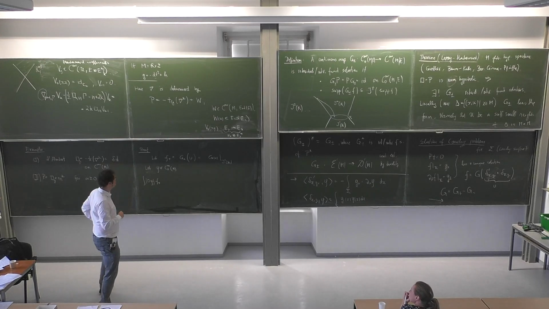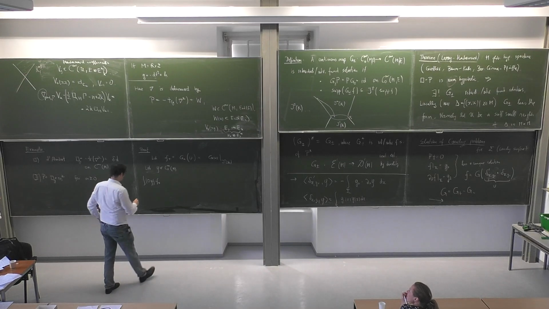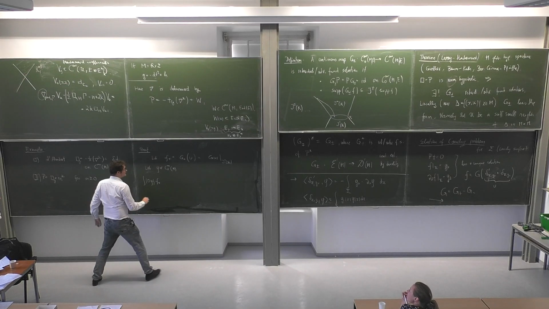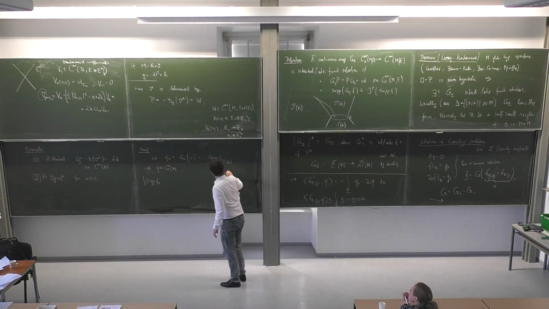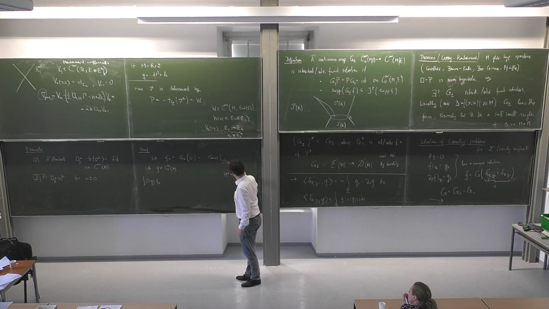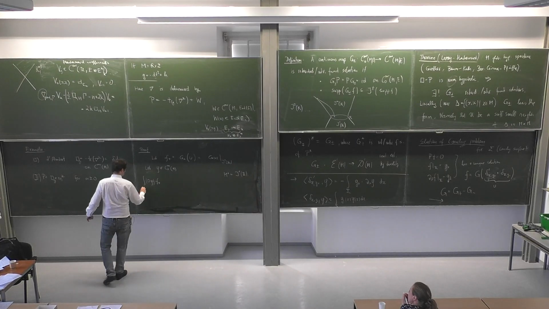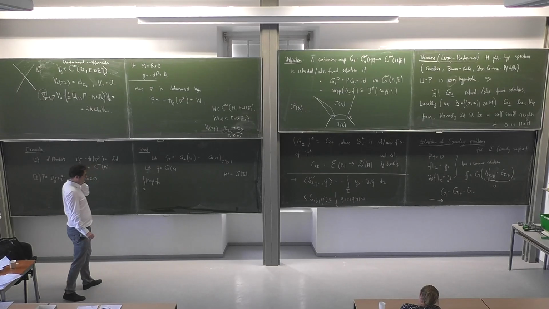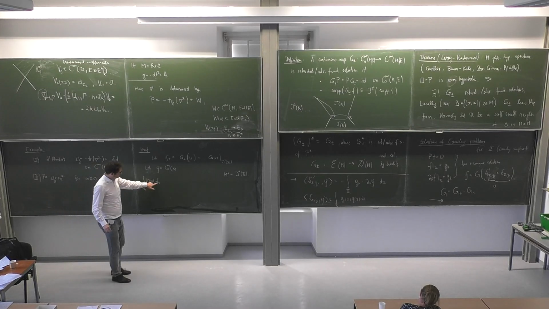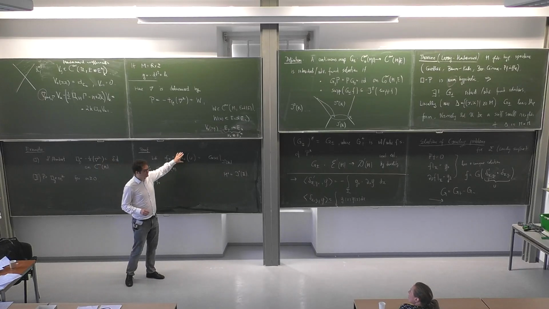Okay, let me just think for a moment. Okay, I think it's okay, but let's see. So let's say M plus is the future of this Cauchy surface, and I'm only integrating over M plus here. So this solves the wave equation on M plus because I apply the distribution to G plus.